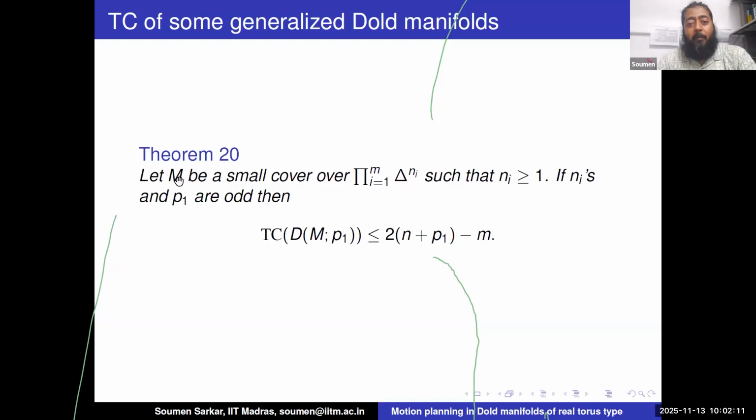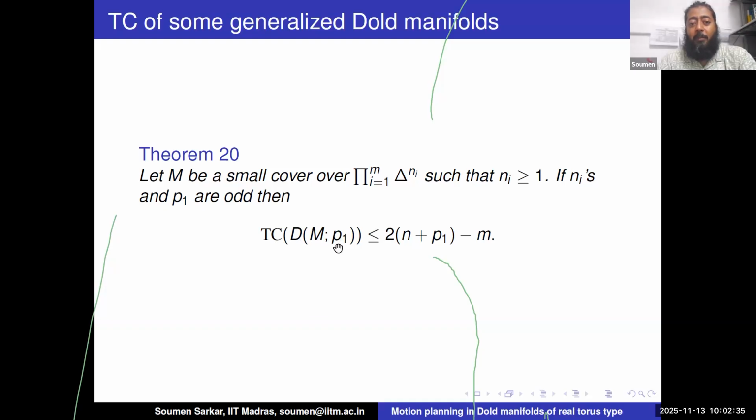And in particular, if M is a small cover over a product of simplices, and each n_i, and also P_1, has to be odd, then we can have the good upper bound. It can be reduced from the dimension bound.